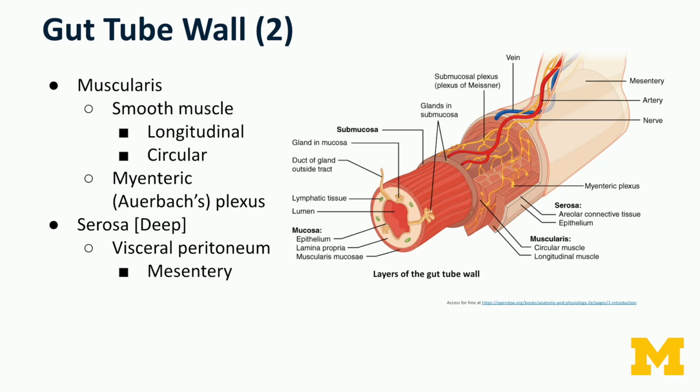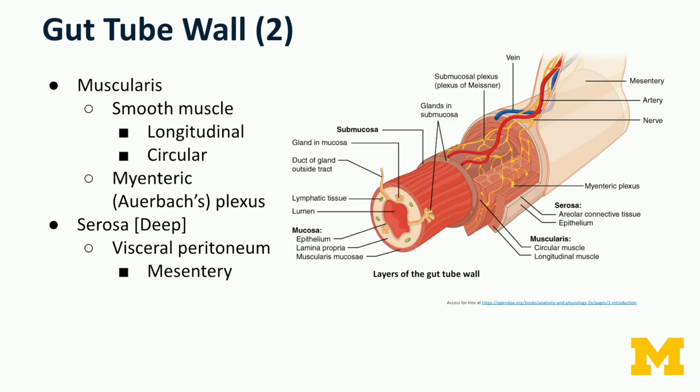the gut tube wall, and that's the muscularis. The muscularis consists largely of smooth muscle tissue. So smooth muscle tissue is under autonomic, or in this case, enteric control. And there are generally 2 distinct layers of this muscularis, although in certain organs we can have elaborations of this whereby we can have even more layers.